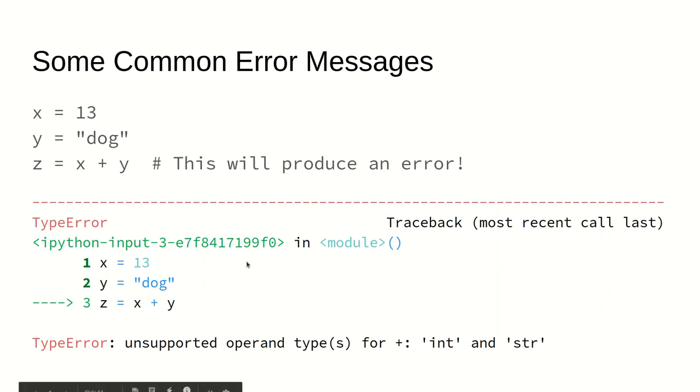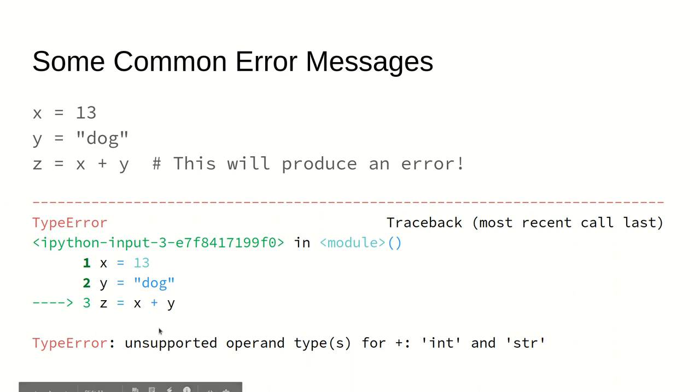Here's a little bit of a trickier one to translate. Yet again, it tells us what line to look at. But there's nothing that looks wrong about this statement, z equals x plus y. I've seen that in math classes an unlimited number of times, just about. And it tells me it is a type error. So that's an error with the types of data that I'm trying to use.